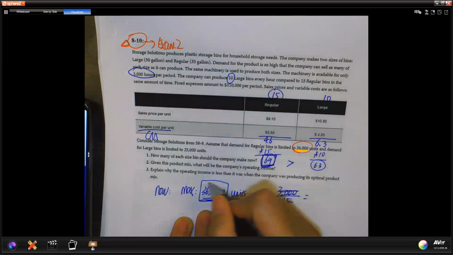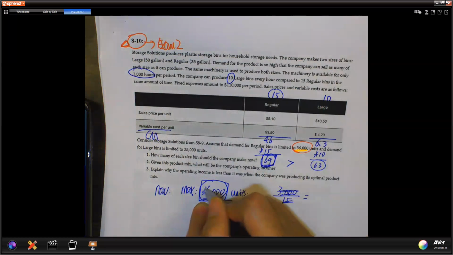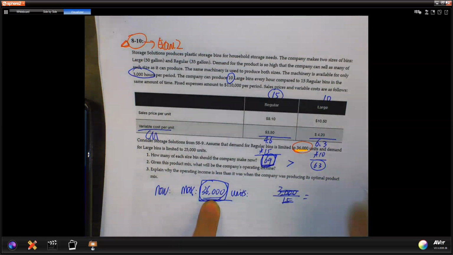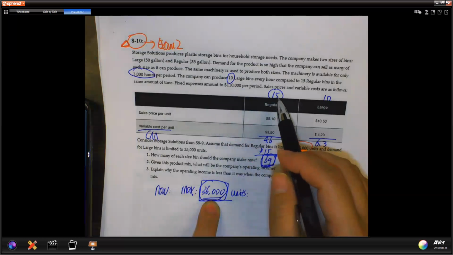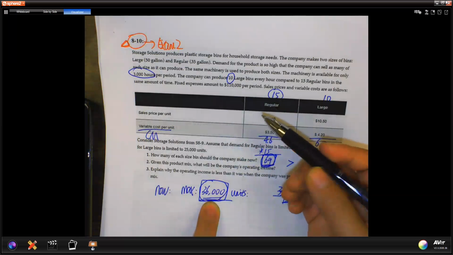So we total need 36,000 units of the regular. And how many hours does it take, right? In order to make 36,000 units, for 1 hour, you make 15. For 2 hours, you make 30. For 3 hours, you make 45.